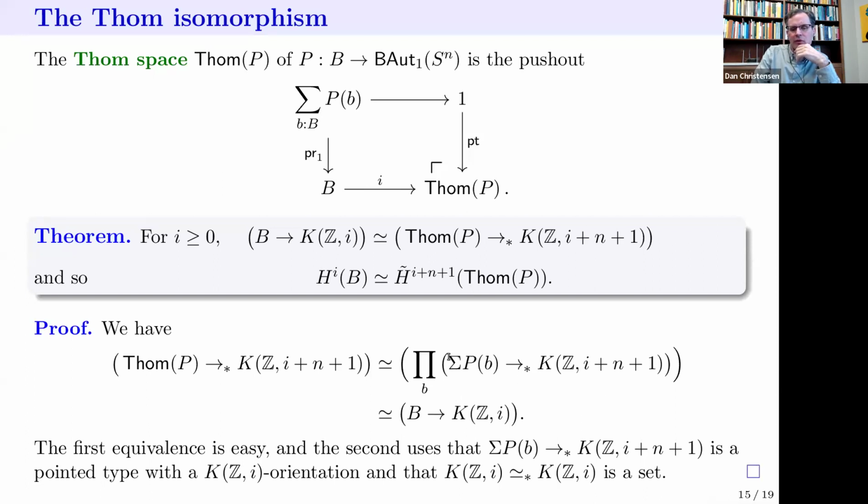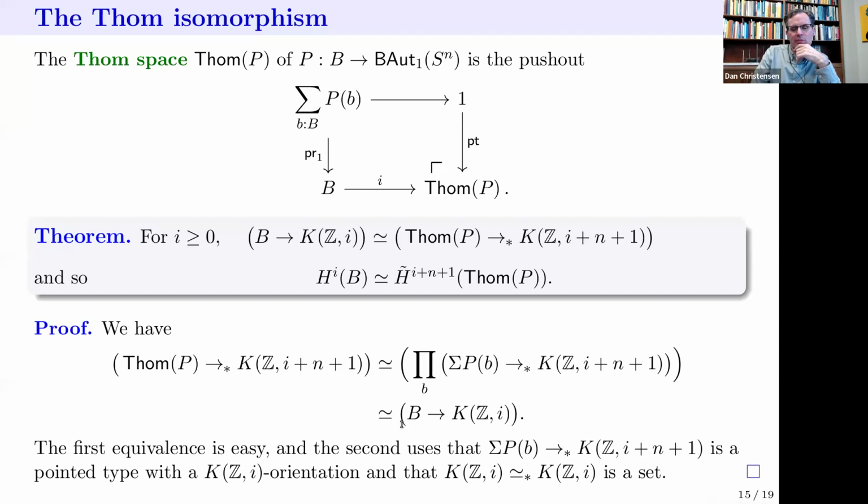But because I have an orientation of this domain sphere, that gives me an orientation of the whole thing to KZI. And it's also pointed because I can take the constant map here. So I get an oriented pointed type, it's a KZI oriented type that's pointed, so it's equivalent to KZI.